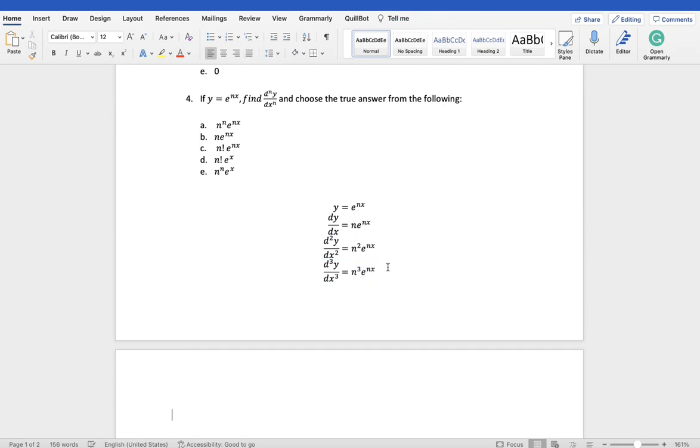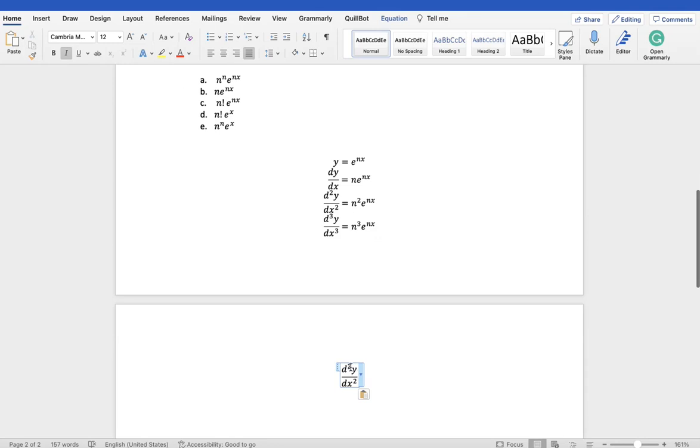And what that means is if you continue with these derivatives all the way to the nth derivative, the nth derivative would just give you n to the nth, multiplied by the original function.